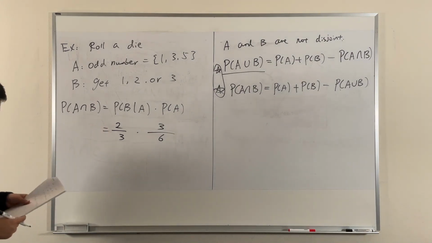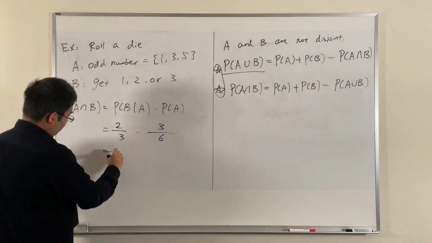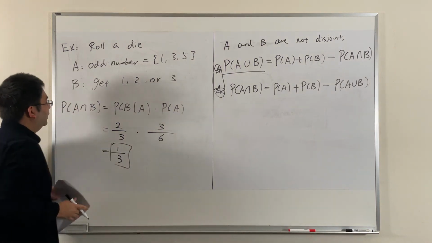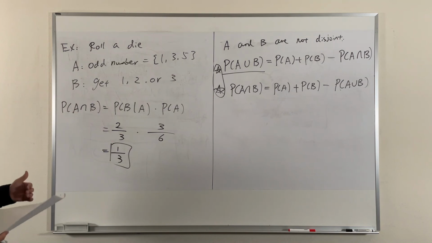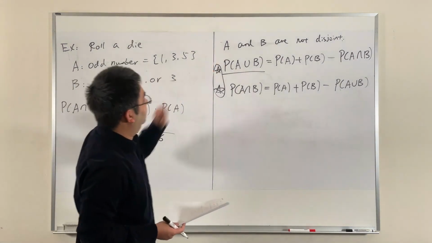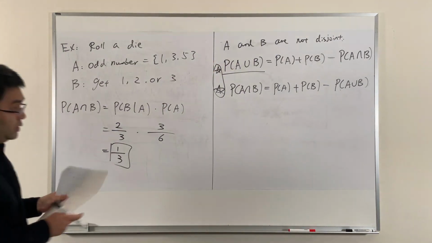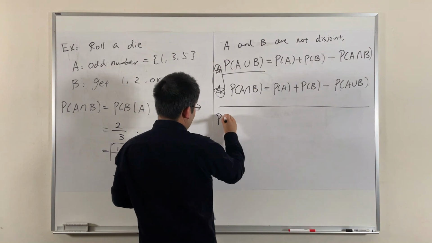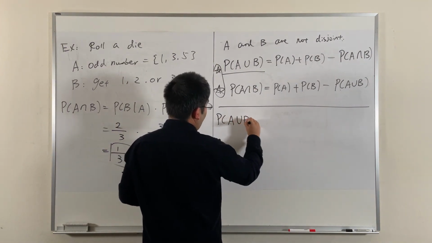Okay. So the result here is 1/3. Okay. So we got the intersection probability. Now I will apply this formula here. So I will ask the question, what is the probability of A union B?